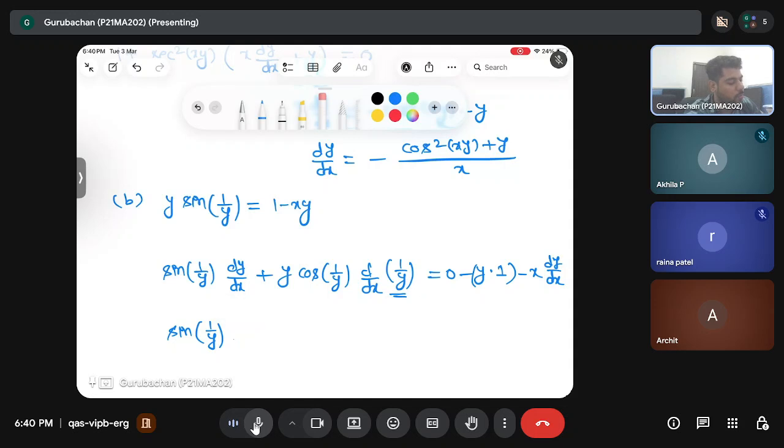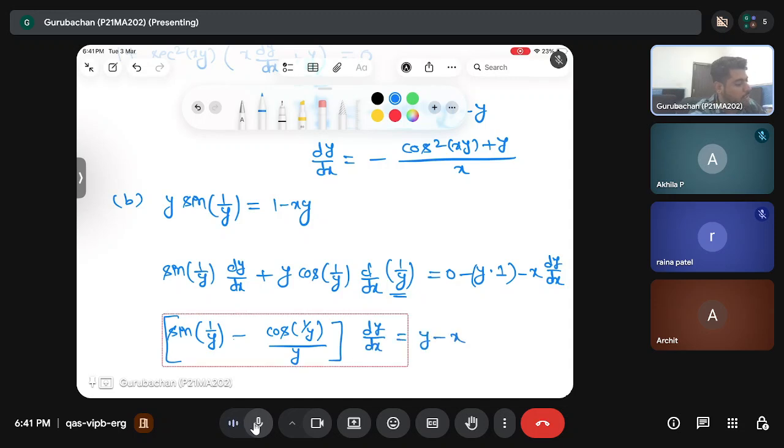So this will contribute on the whole the term cos of 1 by y divided by y, and from here you can take dy by dx out of it, and this will be y minus x dy by dx.